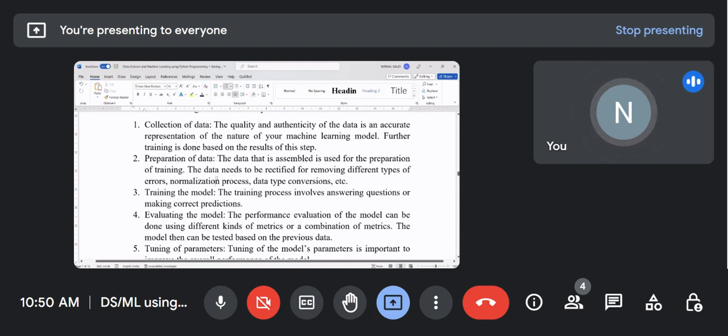Data can be in a raw, rough format, but you need to organize it in such a manner that it can be used for training and applied to the algorithm.